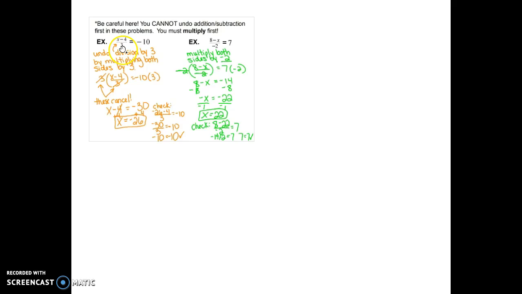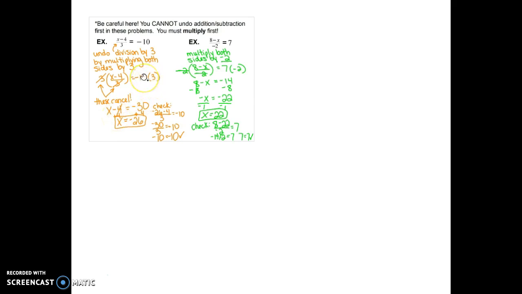So I need to get rid of this divided by 3. To undo divided by 3, I'm going to multiply both sides by 3. So on my left side, I multiply by 3. On my right side, I multiply by 3. When I do that here, those are going to cancel. My 3's are gone. I carry down my x minus 4 into my next step.